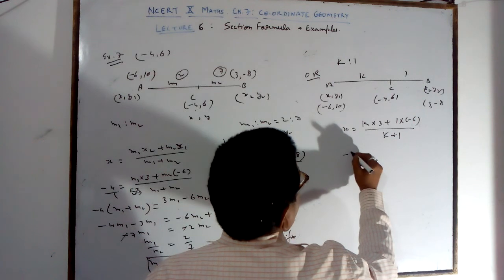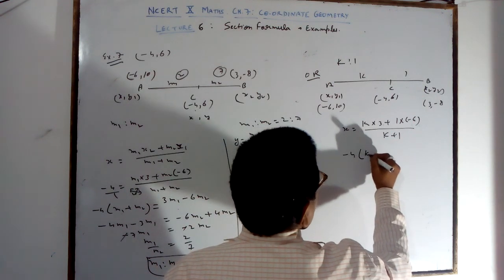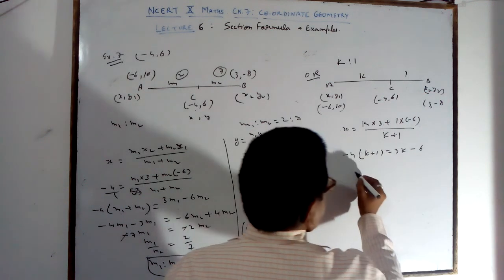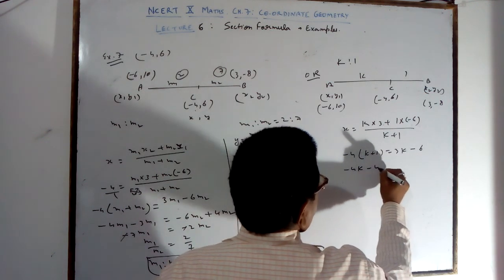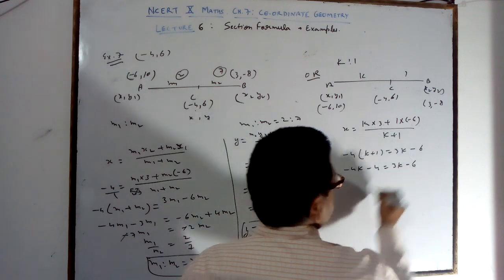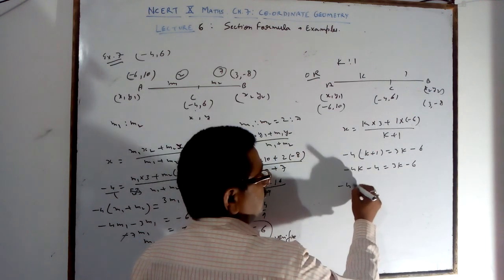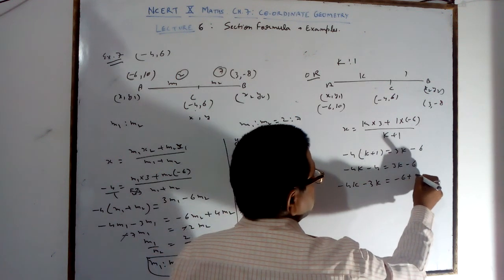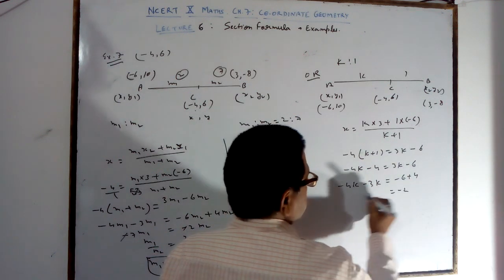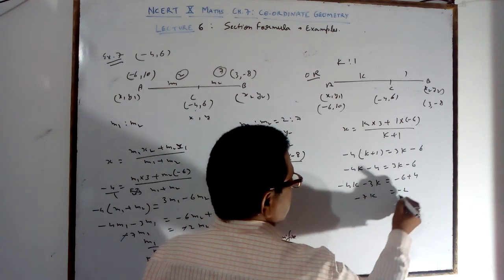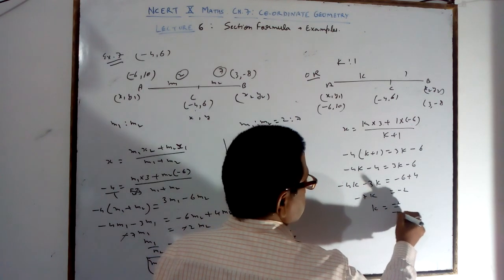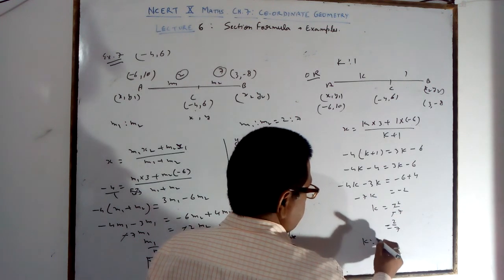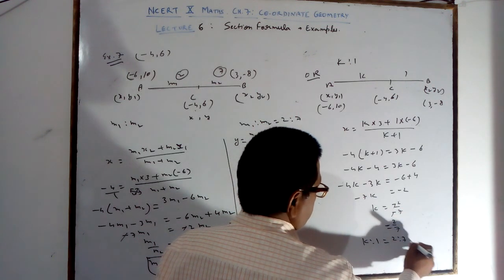X is given as minus 4. So minus 4 into (k plus 1) is equal to 3k minus 6. So minus 4k minus 4 is equal to 3k minus 6. So minus 4k minus 3k is equal to minus 6 plus 4, that is minus 2. Minus 7k is equal to minus 2, so k is equal to 2 by 7, meaning k is to 1 is equal to 2 is to 7.